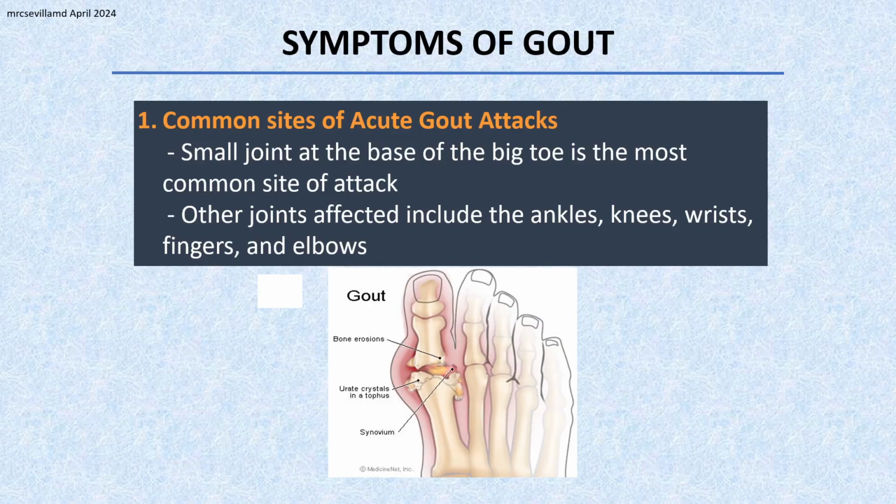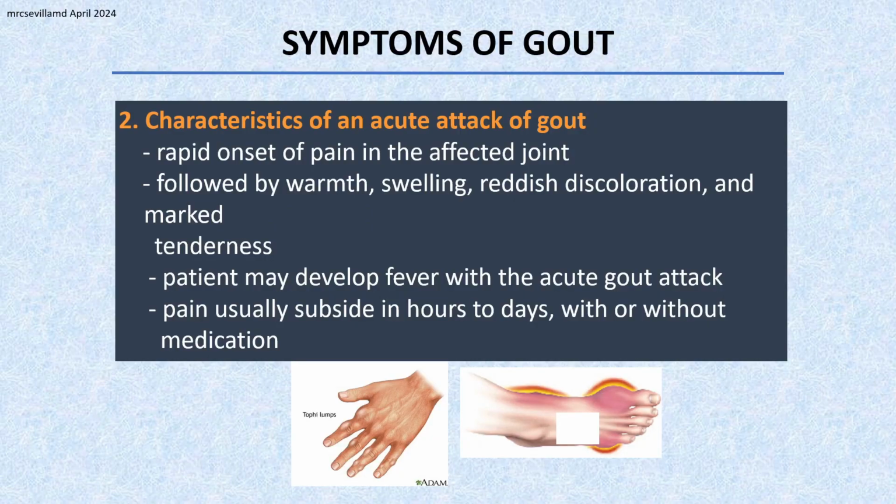Gouty arthritis usually affects the joint at the base of the big toes, but it may also cause pain and swelling of ankles, knees, wrists, fingers, and elbows. Gouty attacks are usually described as sudden and rapid onset of pain and swelling of the affected joint, followed by warmth, reddish discoloration, and marked tenderness.